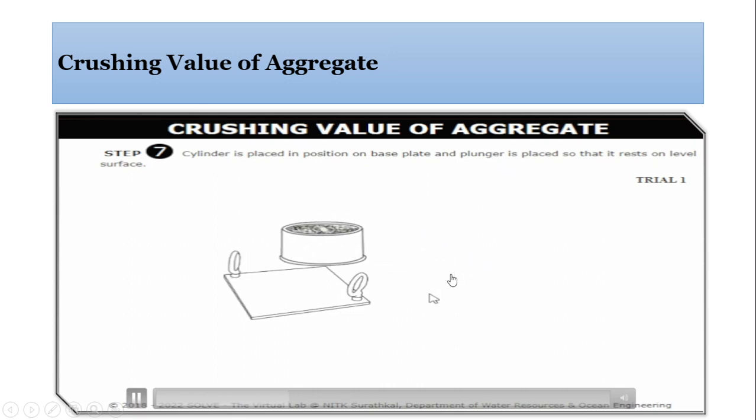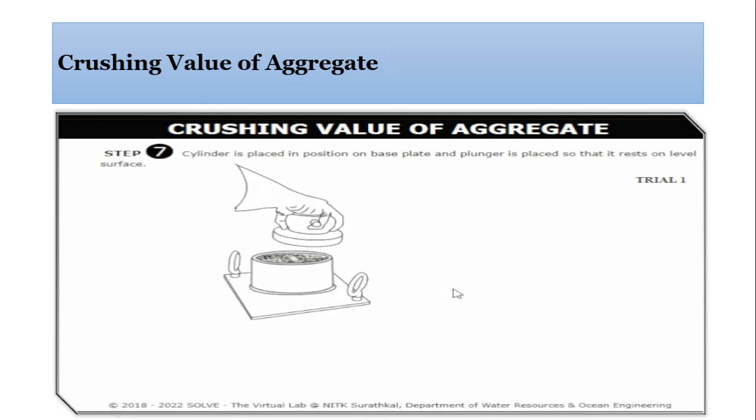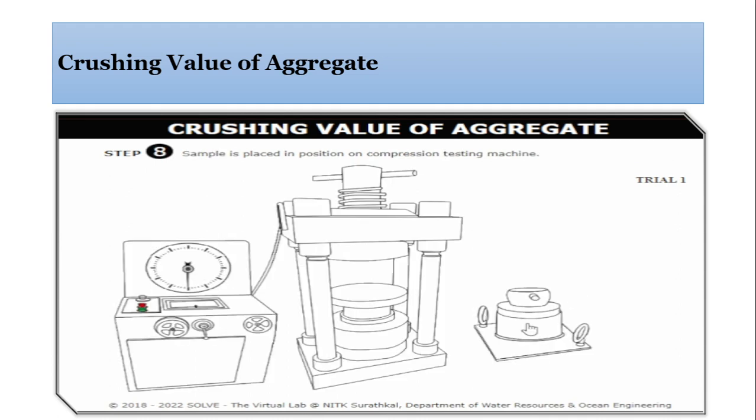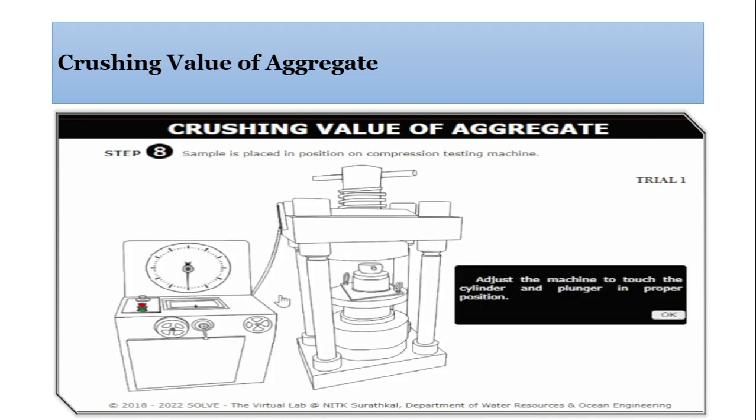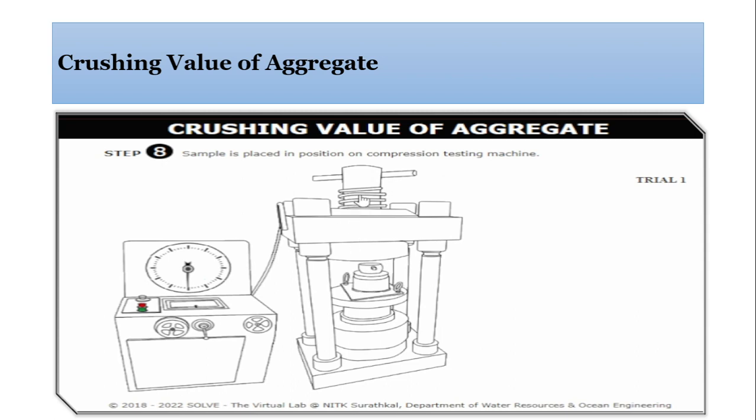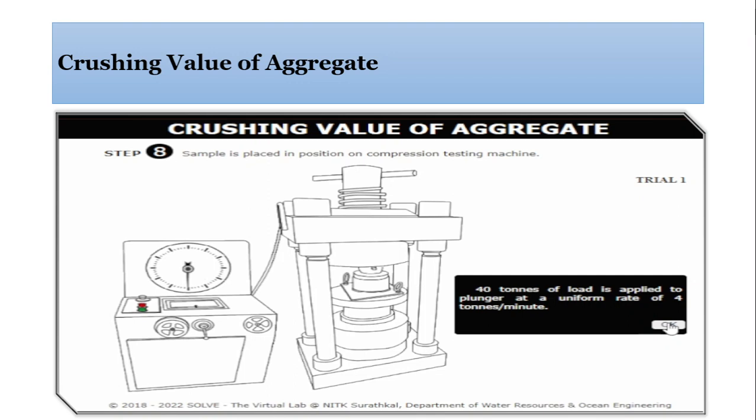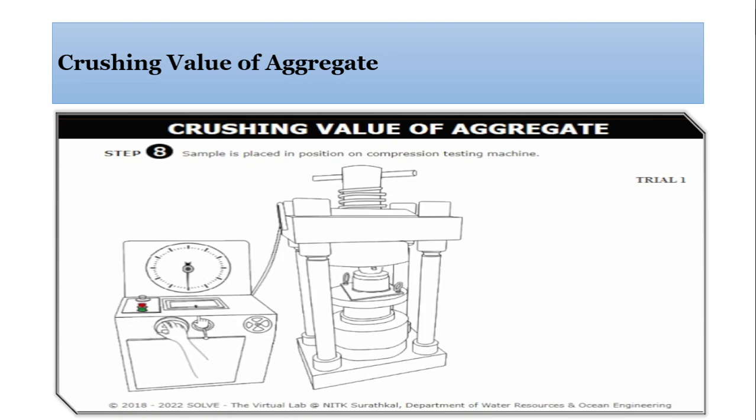Put that assembly with the plunger at the top and start the UTM machine for 4 tons to 40 tons in 10 minutes. Start the UTM, apply the load. After applying the load, stop the machine, remove the mold by releasing the pressure on it.